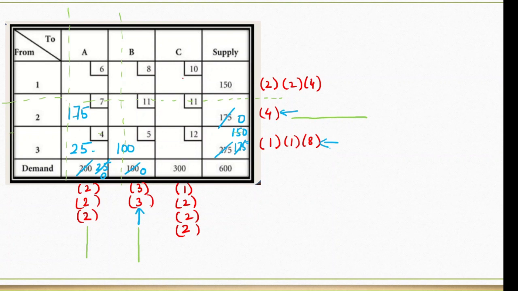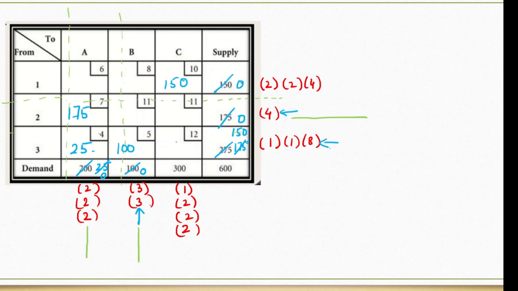In this, the minimum cell is 10, so I'll be first taking 10 here. So here it would be 150 supply, 300 supply, so the minimum is 150. So allocating 150 units from source 1 to destination C, it becomes 0.